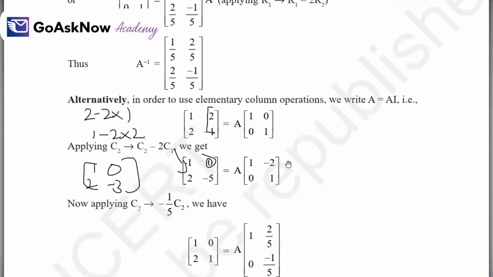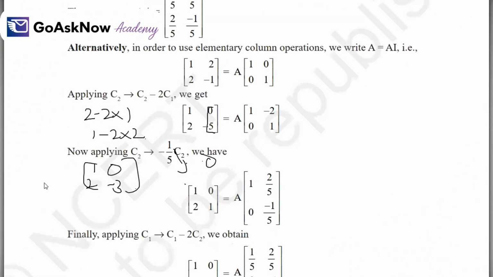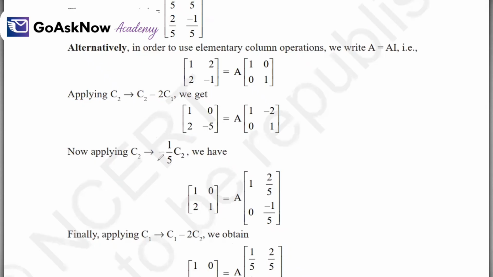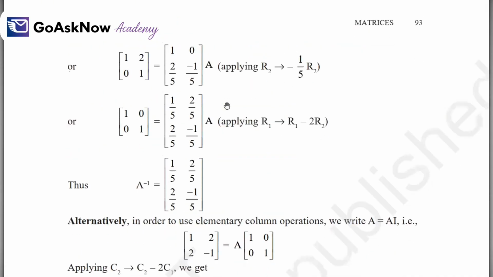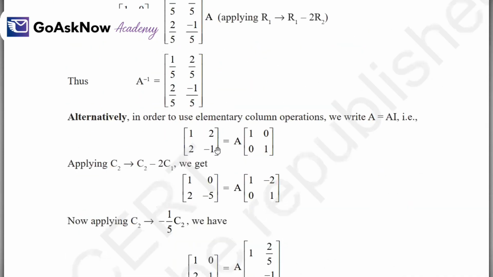So you can find out the inverse of this by this column operations. Just move forward, and you will see that you can easily find it out. I think they have written here something wrong, because it is 1, 2, 2, 1 only there.